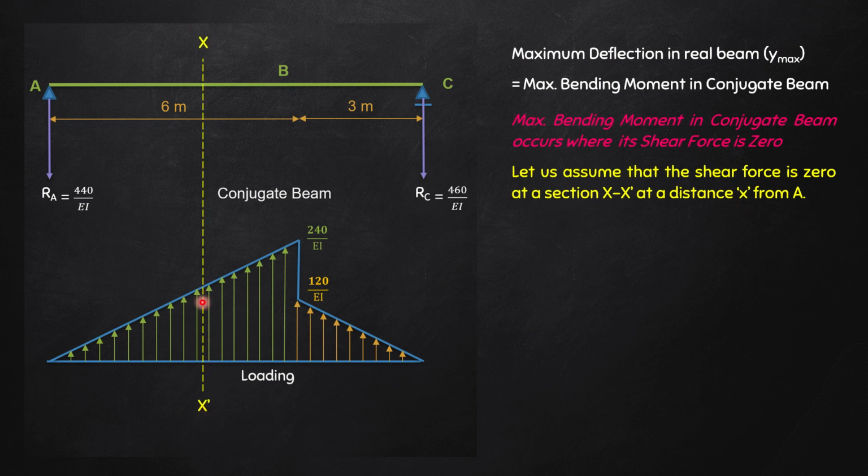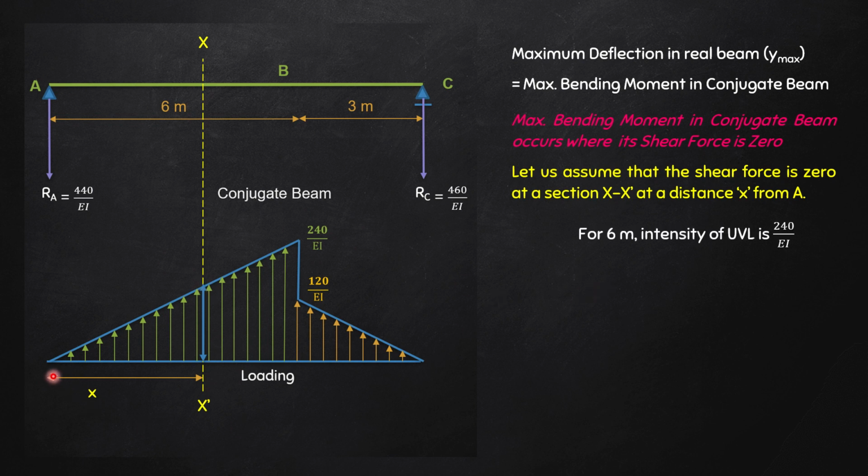Xx dash, this is where we are assuming the shear force to be zero, at a distance x from A. Now, in order to go further, I will need to know the value of the intensity of the UVL at a distance x. Here it is 240 divided by EI, but what is the value of the UVL here? So let's find that out by unitary method.